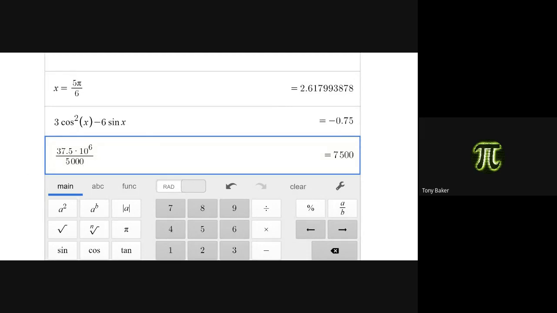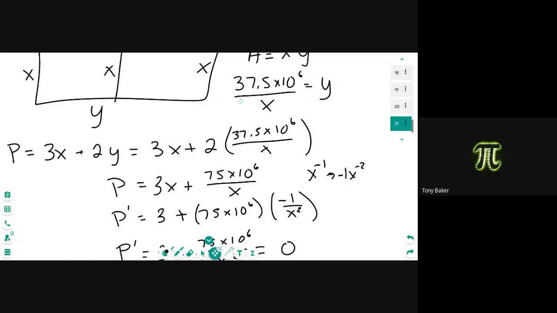Oh, first the original problem. So 37.5 times 10 to the 6 divided by 5,000. Oh, it's the original y, not the first derivative. Remember we had y equals?